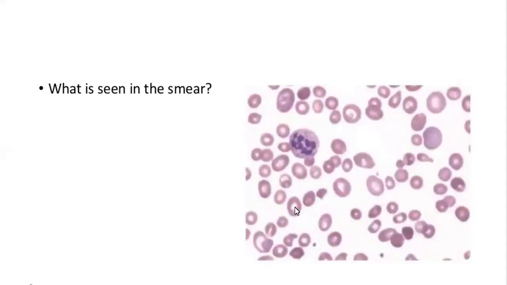Interpret this blood film quickly. What am I doing? I'm counting. Hypersegmented nucleus or neutrophil. Very good. Hypersegmented neutrophil showing 1, 2, 3, 4, 5, 6, 7, 8 segments, right?